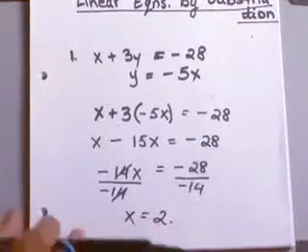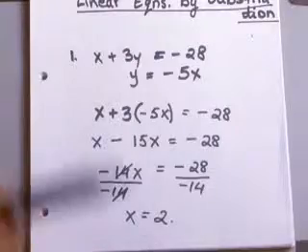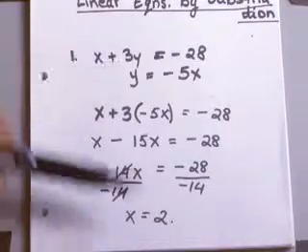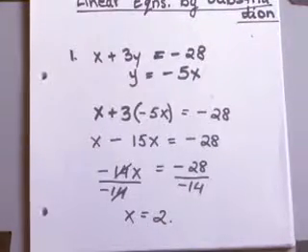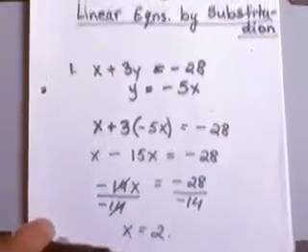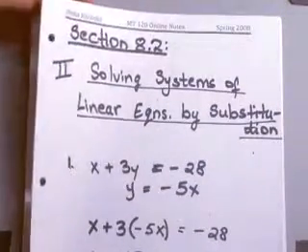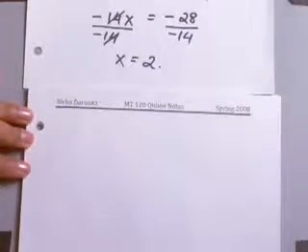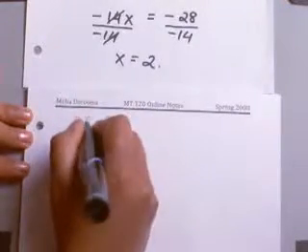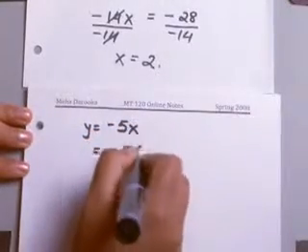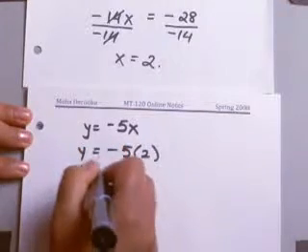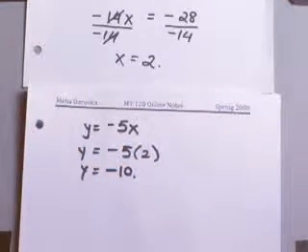Now that you have your x value, you can find your y by substituting it into any one of the two equations that we started out with. So we ended up with x equals 2. Let's say we use y equals negative 5x, and we substitute our x with 2, and you will see that the y value is negative 10.